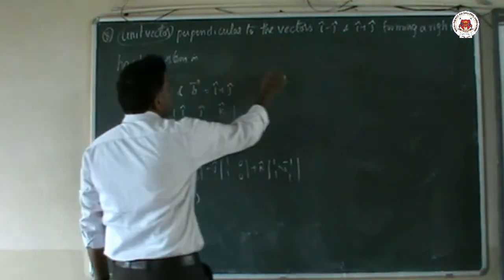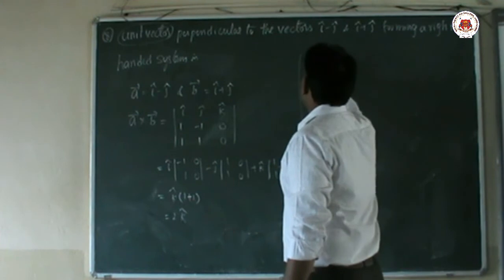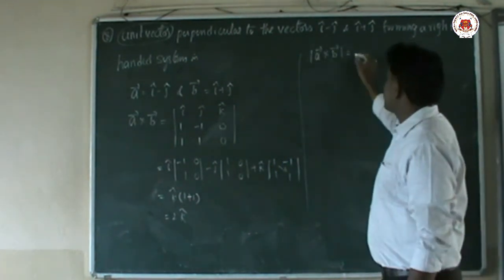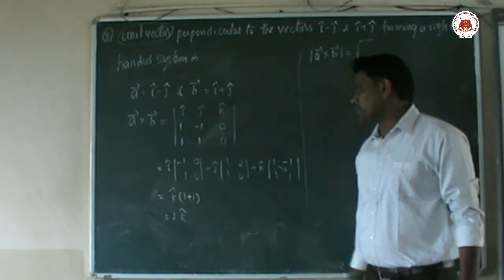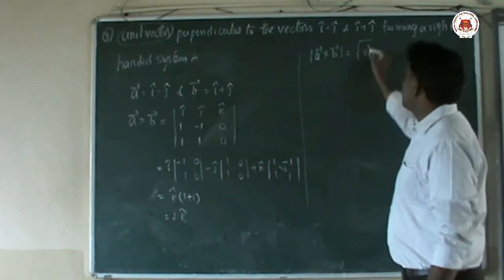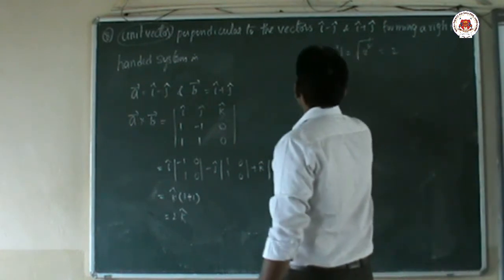So he is asking for a unit vector, so we must find the modulus of A cross B. Modulus means its magnitude. There is no i component and no j component, only the k component is there, so it is the square root of 2 squared, and the square root cancels.